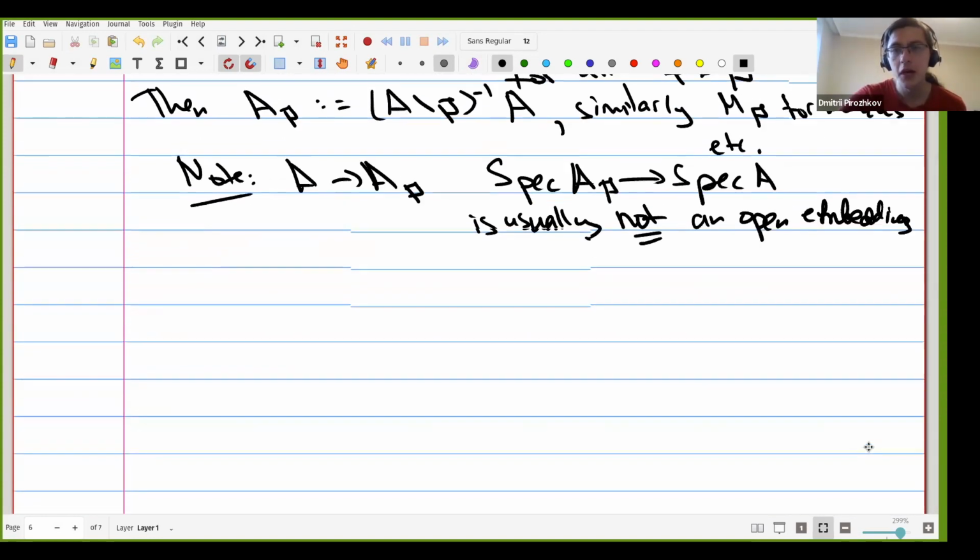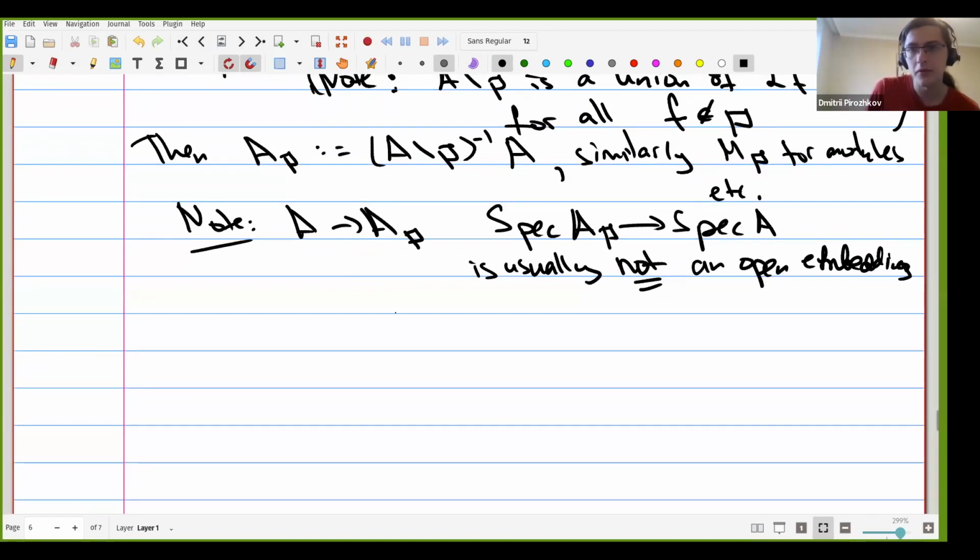But it's still at least an inclusion of sets, because we have proved the lemma about prime ideals in a localization under an arbitrary multiplicative system.